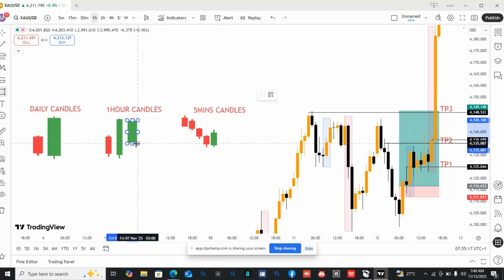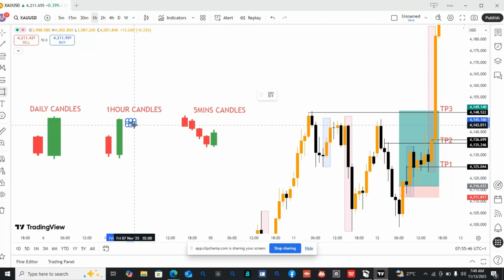Once I notice that the bullish candle has engulfed the previous bearish candle, I will go down to the 5 minutes time frame. Looking at the 1 hour time frame, what we notice is that this candle will open here, the next candle will open here, and will start coming down.